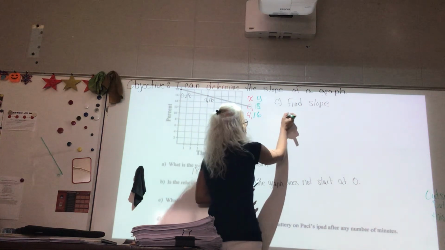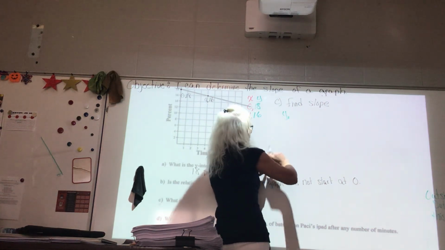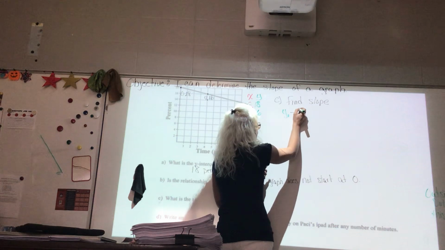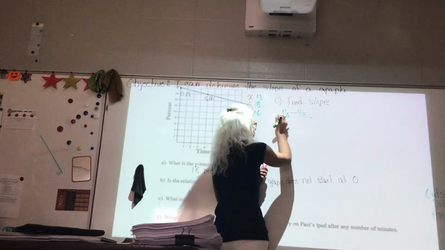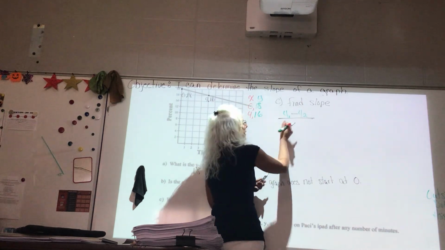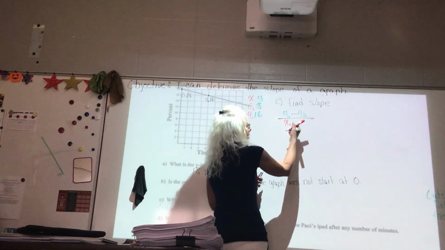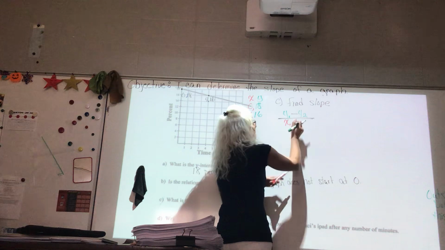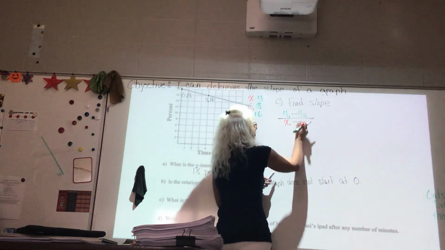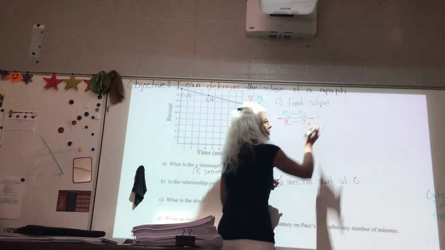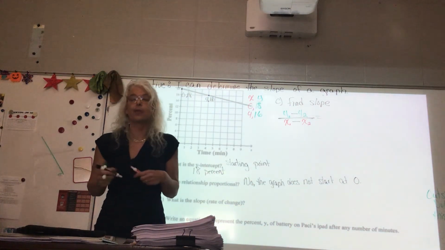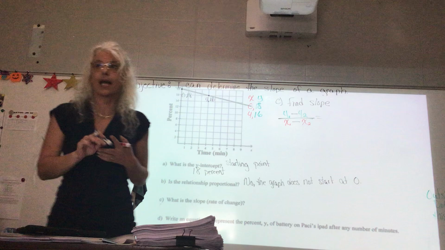So we're going to do y sub 1 minus y sub 2 over x sub 1 minus x sub 2. So the same thing that we've been doing is practicing finding the slope, correct?